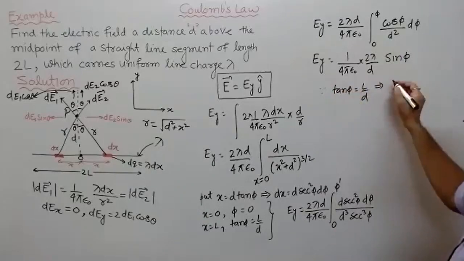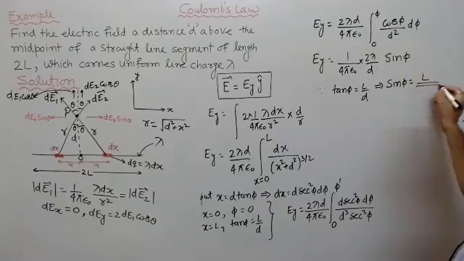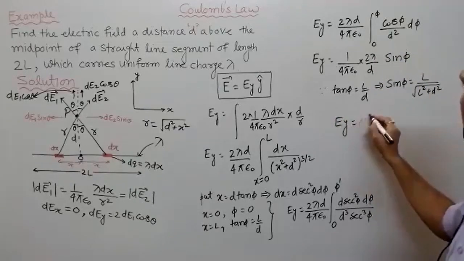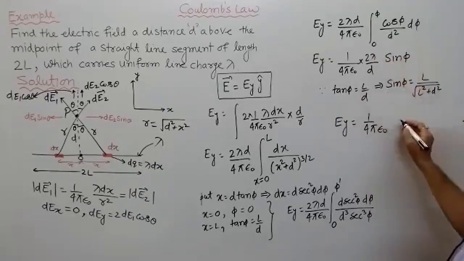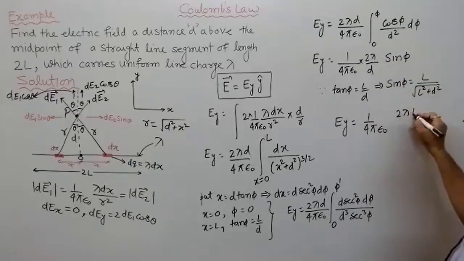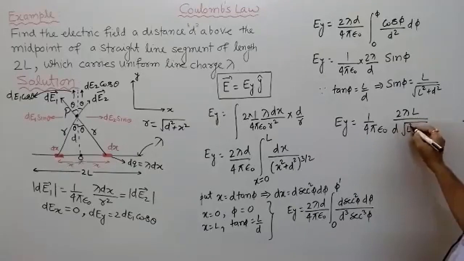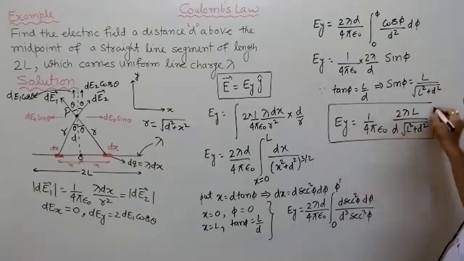So now what will be sin phi? L by under root L square plus D square. So now you can write Ey as, this is the final answer, 1 by 4 pi epsilon naught, sin phi, which you can write as twice lambda L by D under root L square plus D square. This is Ey.